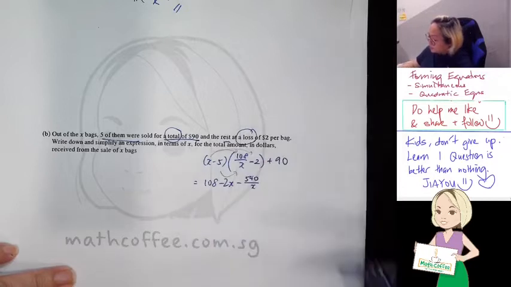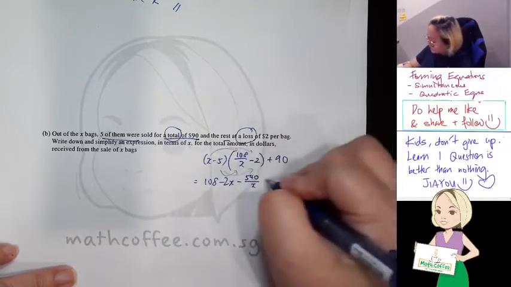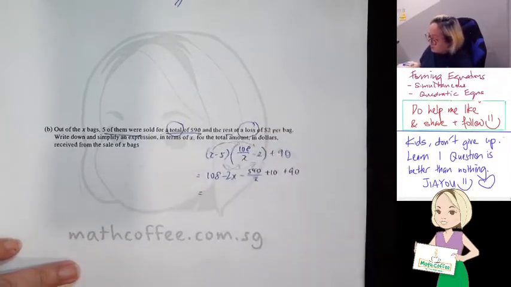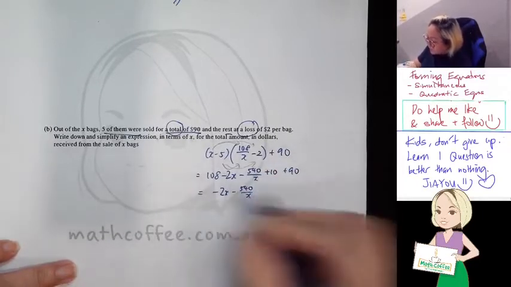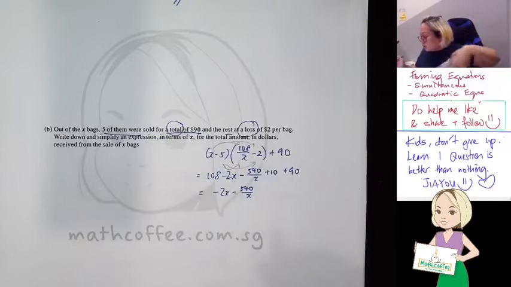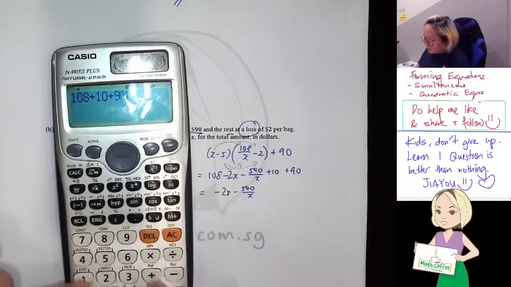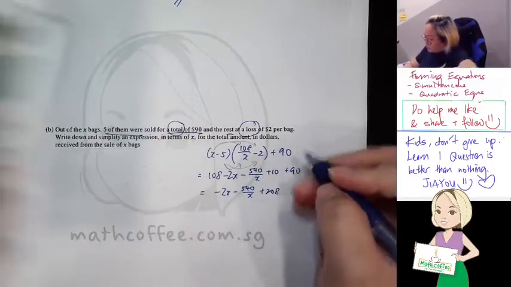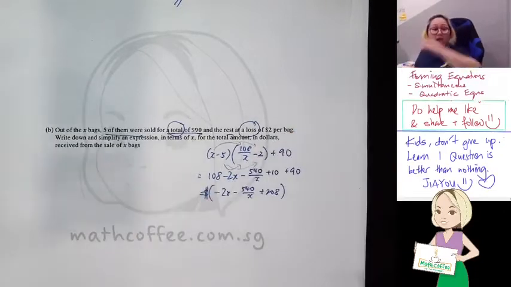And then the last one is this one times this one, so it's plus 10, plus 90. Okay, so let's simplify. I have minus 2x minus 540 over x. The numbers we can simplify: 108 plus 10 plus 90 will give us plus 208. So this will be the amount that I receive in total after I sell all the bags.